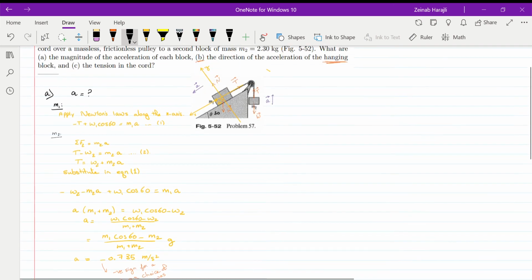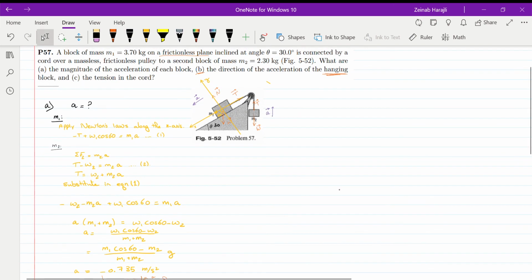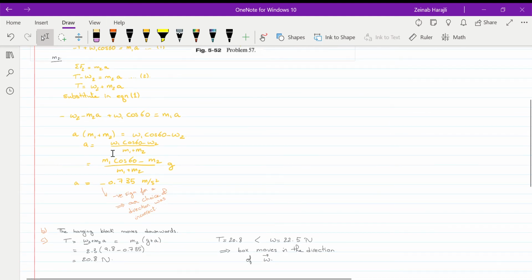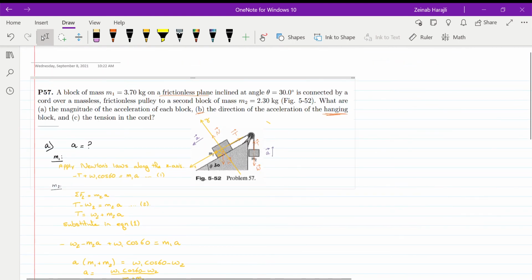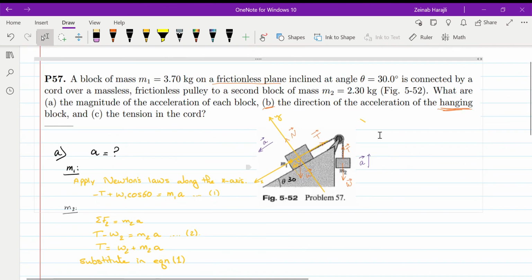So in this problem, we were able to calculate some values from the dynamics of a moving system. We found the acceleration, we found its direction, and then we deduced the tension force that is exerted by the rope to which these two boxes were attached.